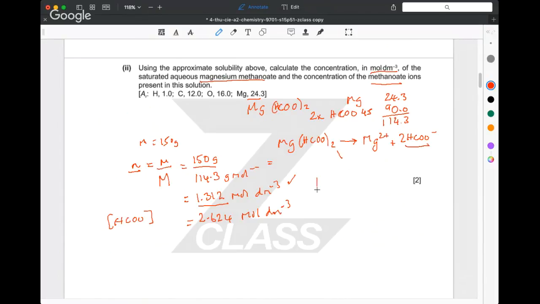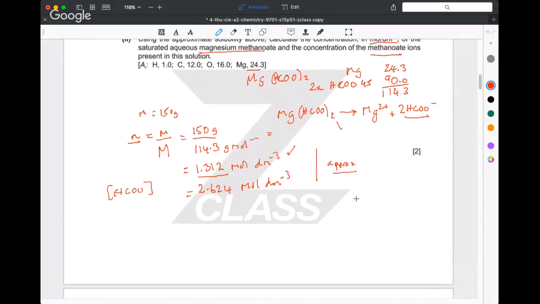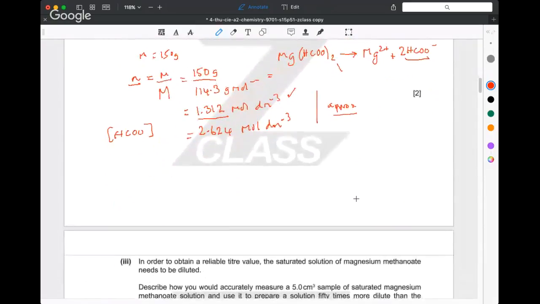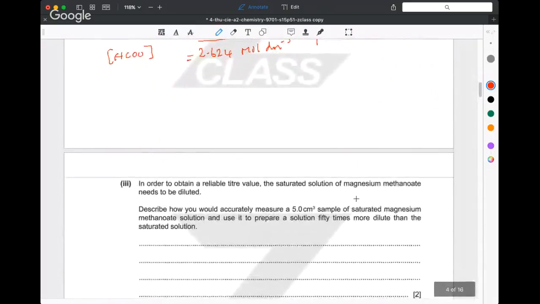And remember that because they're derived from the approximate concentration earlier on, they're still approximate concentrations. The whole purpose of the experiment we're doing is to move from approximate concentrations to accurate concentrations.